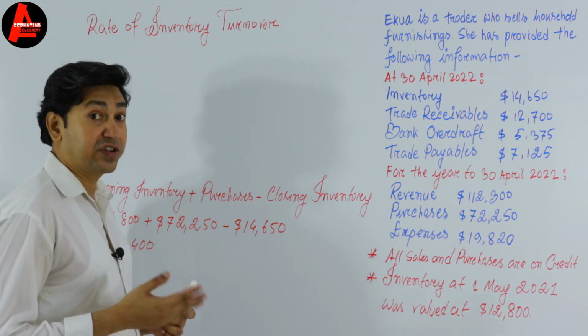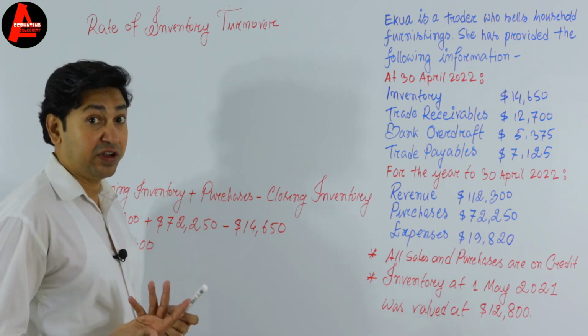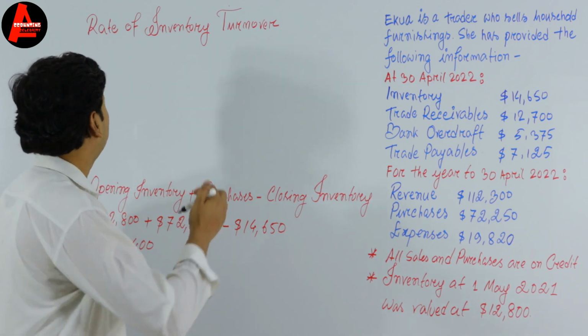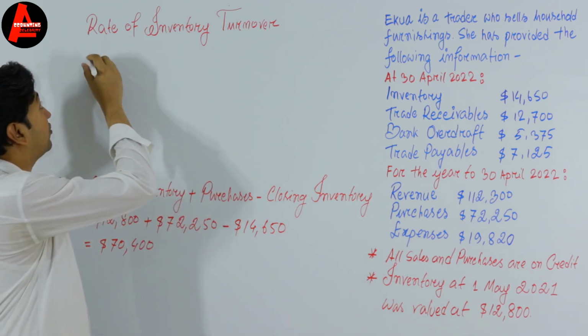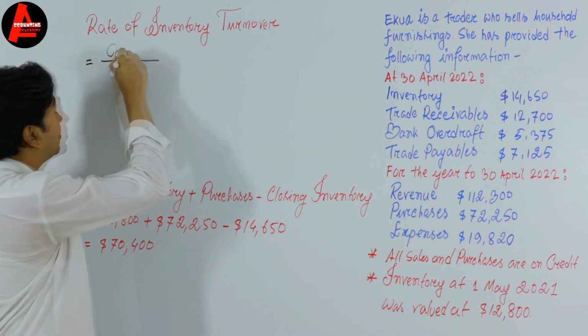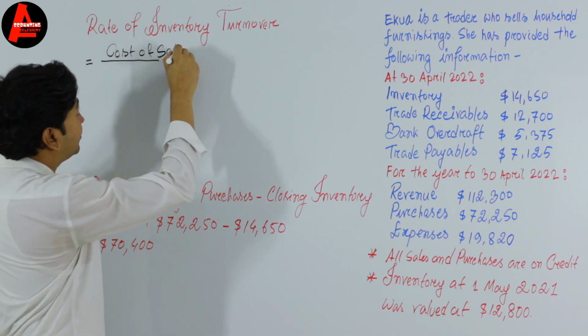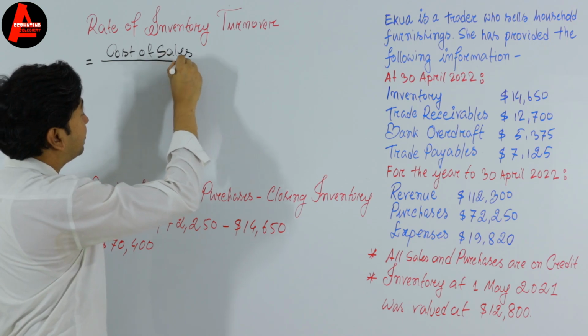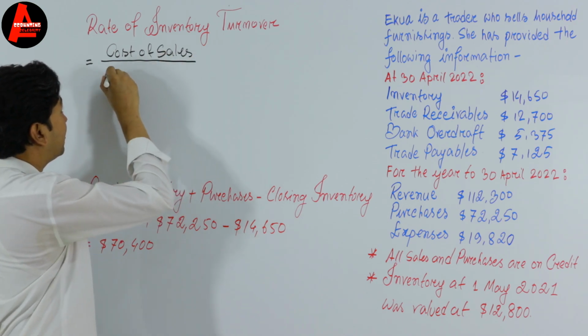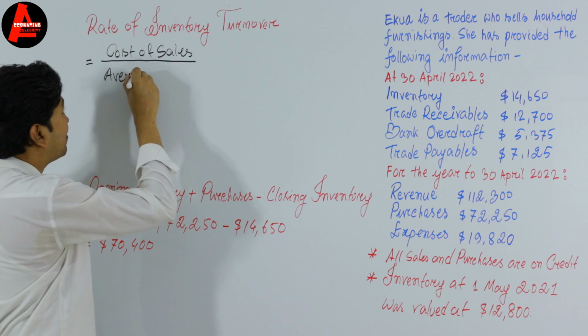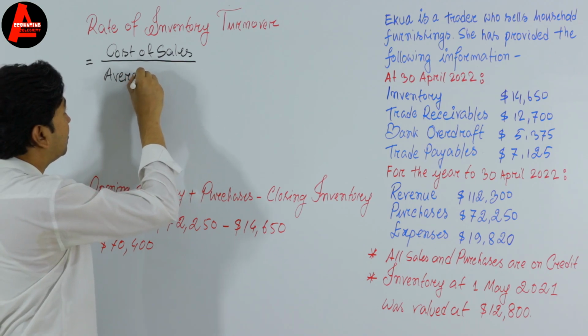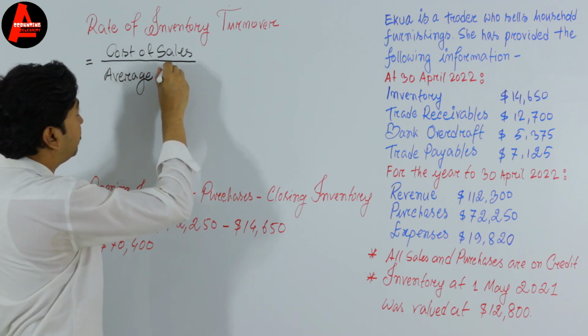Okay, so first of all we need to know the formula, how to calculate. What is the formula? So we know rate of inventory turnover equals cost of sales divided by average inventory.